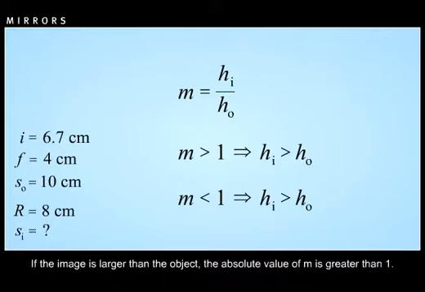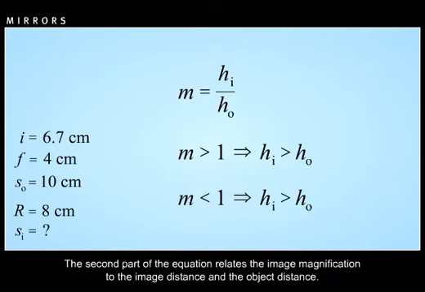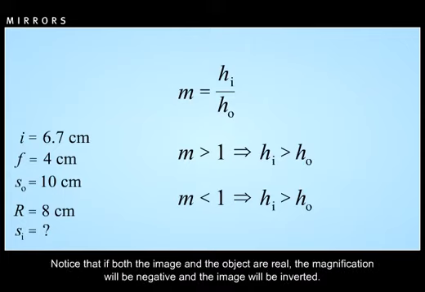If the image is larger than the object, the absolute value of m is greater than 1. If the image is smaller than the object, the absolute value of m is less than 1. The second part of the equation relates the image magnification to the image distance and the object distance. Notice that if both the image and the object are real, the magnification will be negative and the image will be inverted.